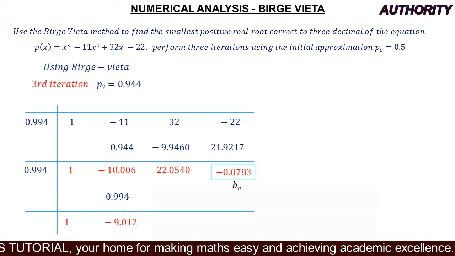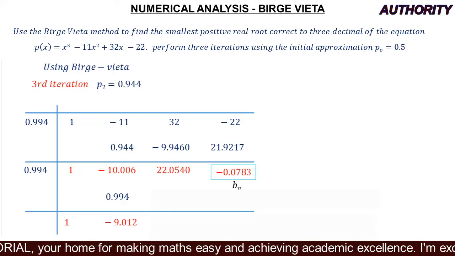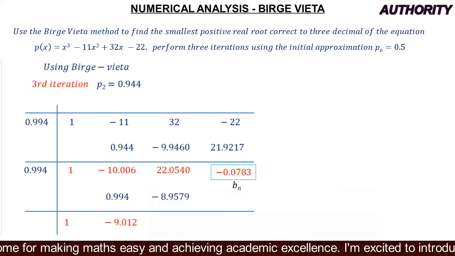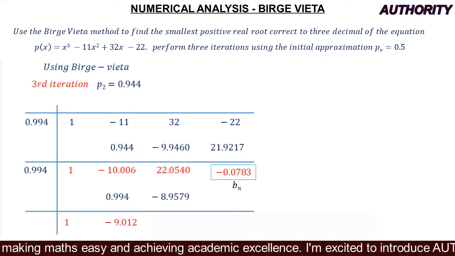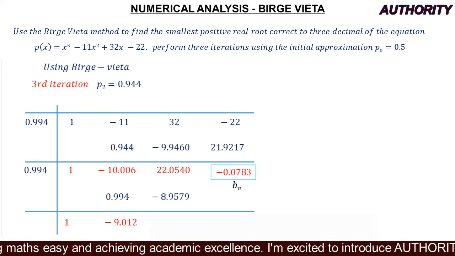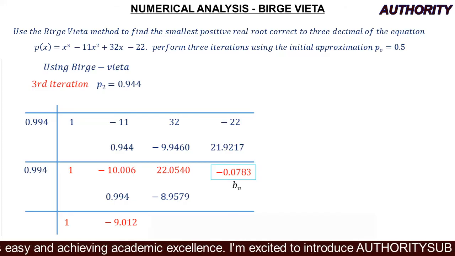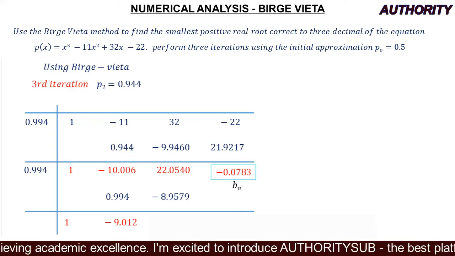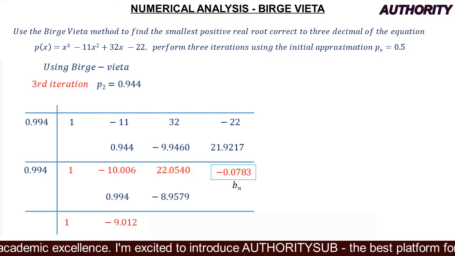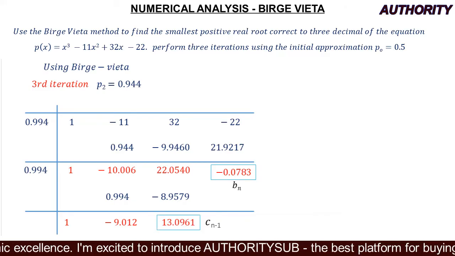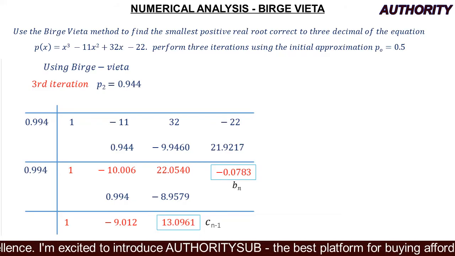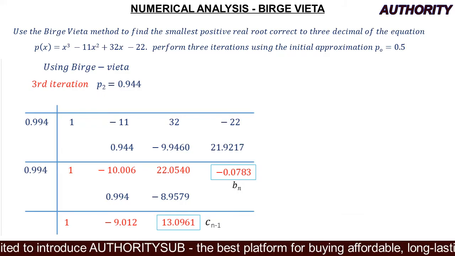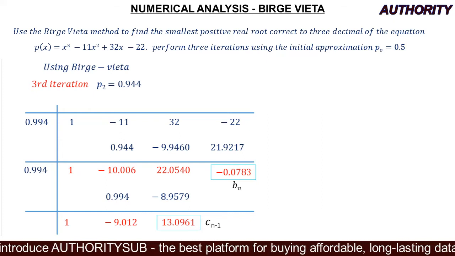This minus 9.012 multiplied by our P2, which is 0.994, gives minus 8.9579. So 22.0540 plus minus 8.9579 is 13.0961. So this is our Cn minus 1.